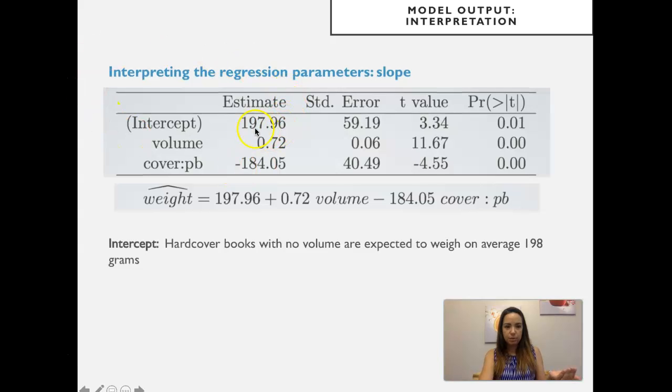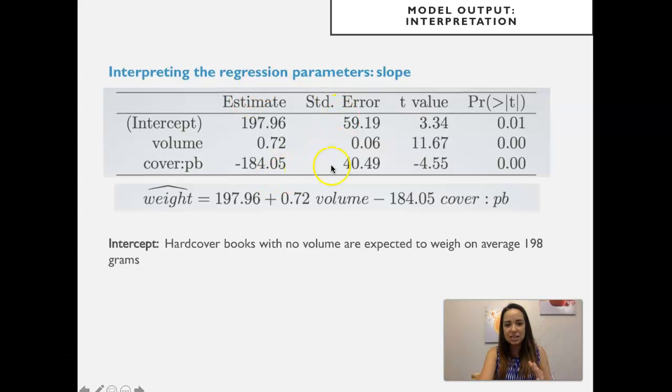Now the intercept, this one. It represents hardcover books with 0 volume. Why am I saying hardcover? Because we coded paperback 1 and hardcover 0, and the intercept is the value of y, which is weight here, when x is 0.